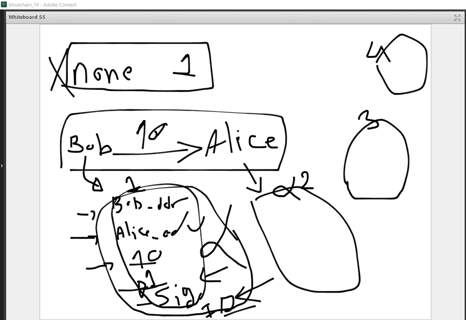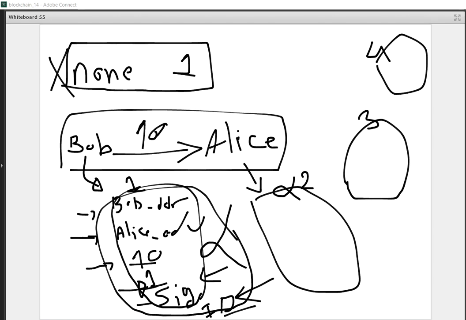Tell me how the network prevents Bob from denying sending that 10 to Alice. It's an important question.